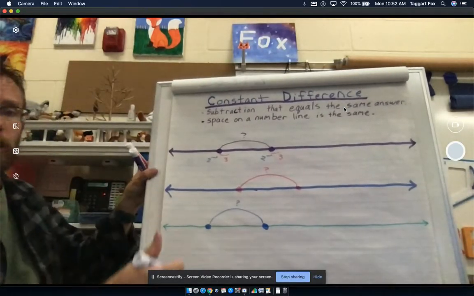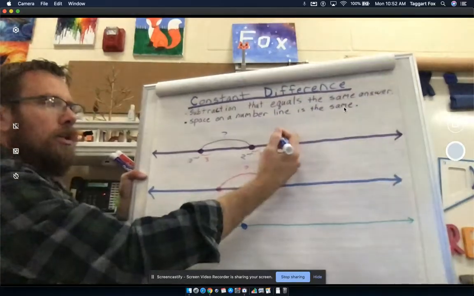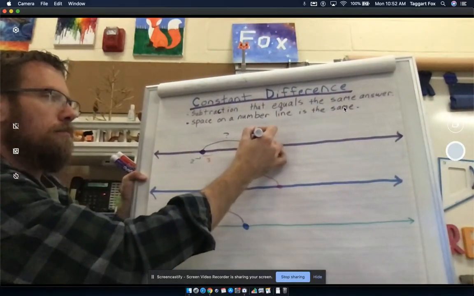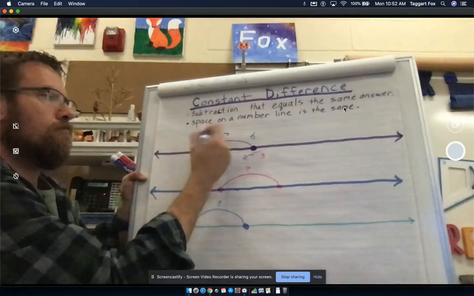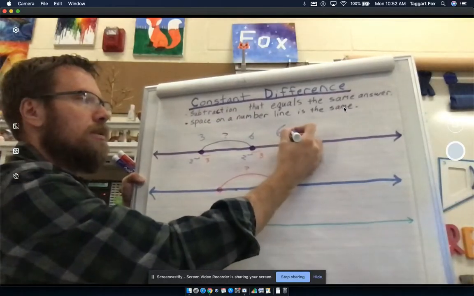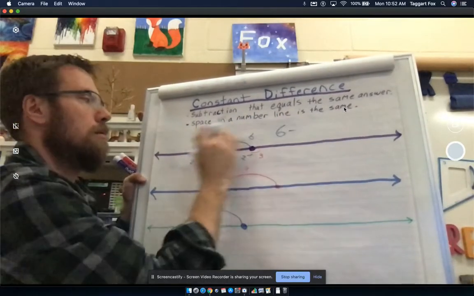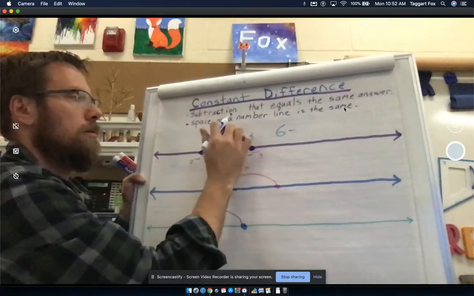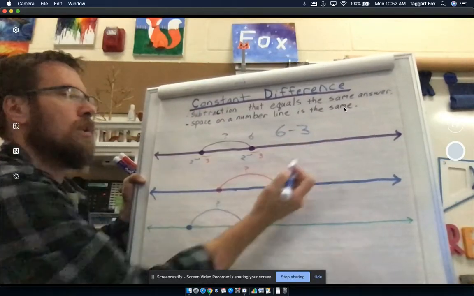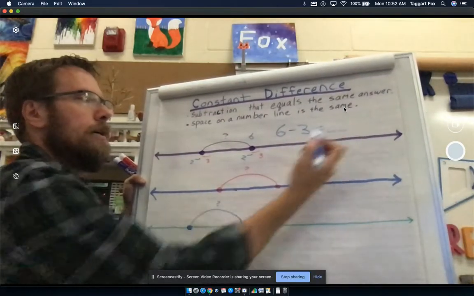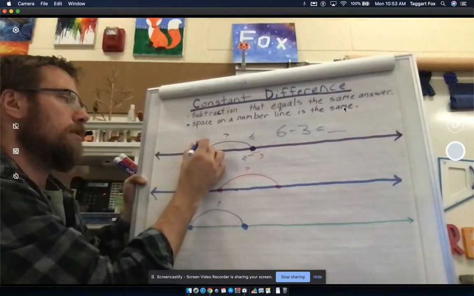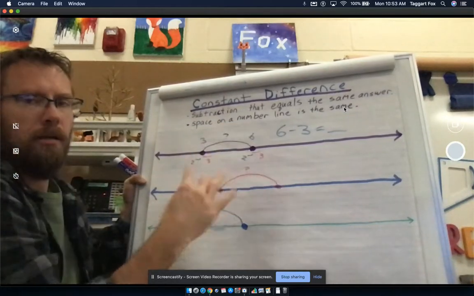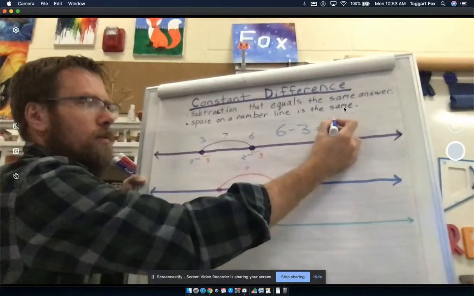So what would that look like? It would look like, let's say this is 6 and this is 3. So that math problem is 6 minus 3 equals blank. So our distance from 6 to 3, 6 minus 3 is, we know, 3.